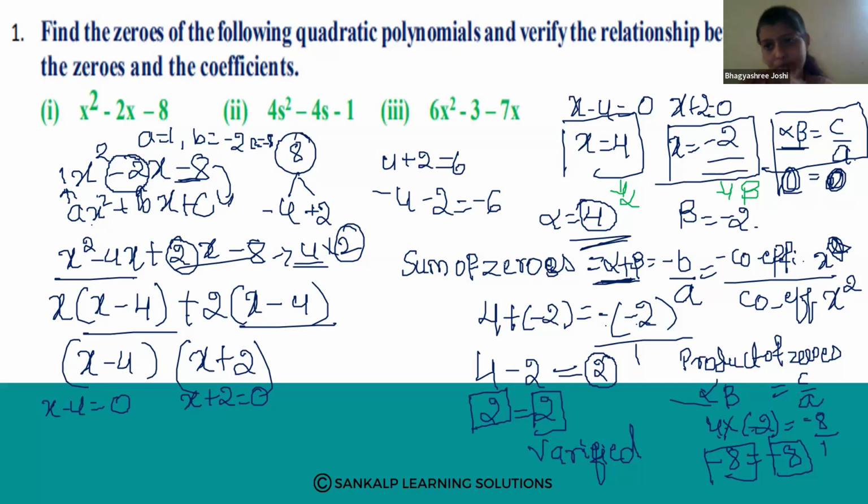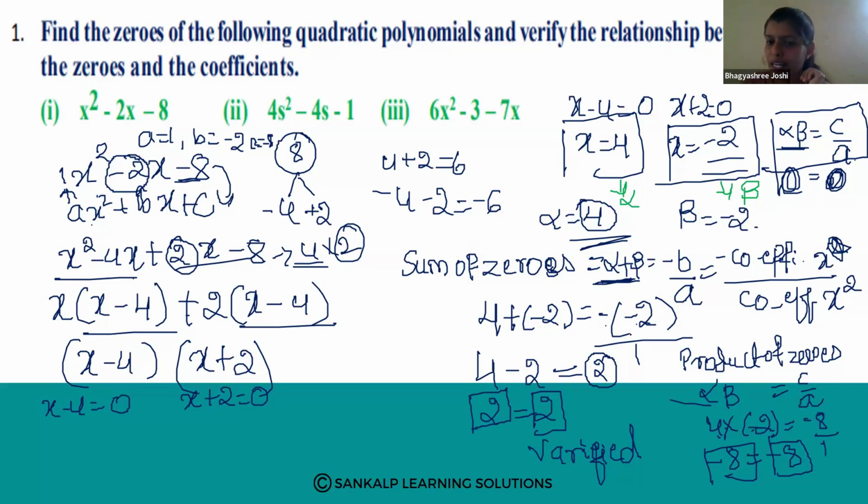Now sum of zeros means alpha plus beta equals minus b divided by a. Alpha value is 4, beta value is minus 2. So 4 plus minus 2. Minus b, keep the minus as it is; it is there in the formula, so don't change it. Now observe the value of b, that is minus 2.